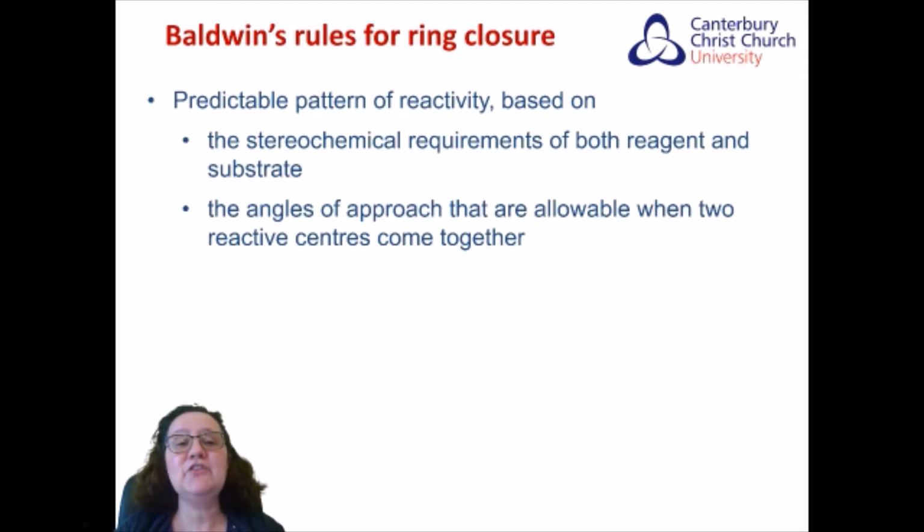There are a set of guidelines that predict what sort of ring will be formed in a chemical reaction that involves a ring closure. They are based on the stereochemical requirements of the reagent and the substrate, and also the angles of approach that are allowed when the two reactive centers that are going to close the ring come together.